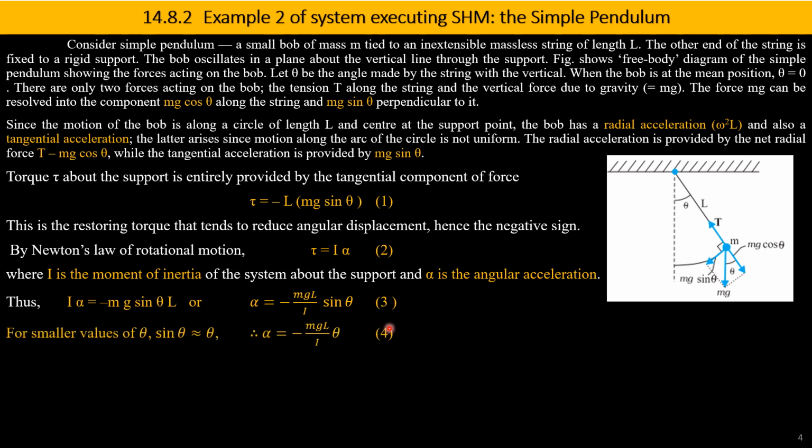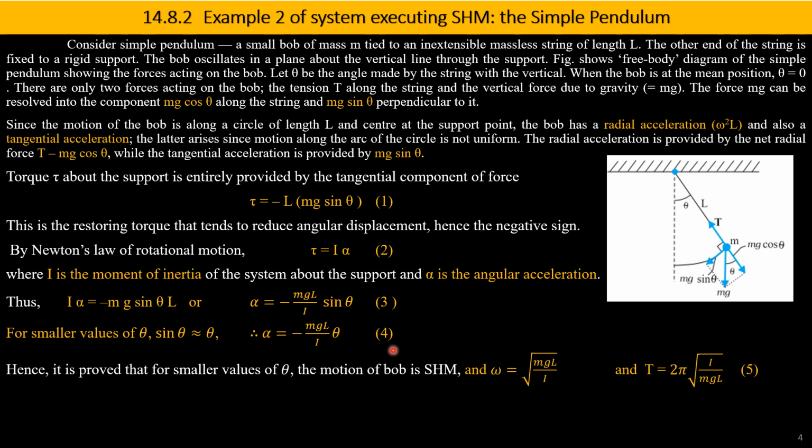Let it be equation 3. For smaller values of theta, sin theta is approximately equal to theta. Therefore, equation 3 becomes alpha is equal to minus mgL divided by I into theta, because sin theta is approximately equal to theta for smaller values of theta. Let it be equation 4.